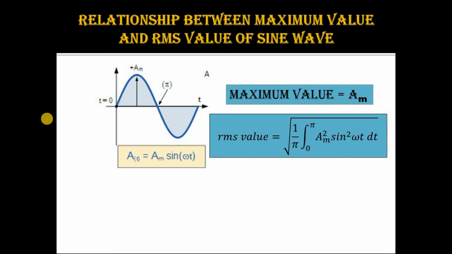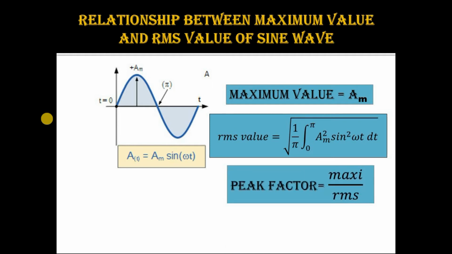So Am sin omega t is squared, so Am square sin square omega t. We have to integrate within the limit 0 to pi. We are taking only 1/2 cycle, divided by the time base. There also we have taken 1/2 cycle, pi, because it is a symmetric waveform. So this gives the RMS value.